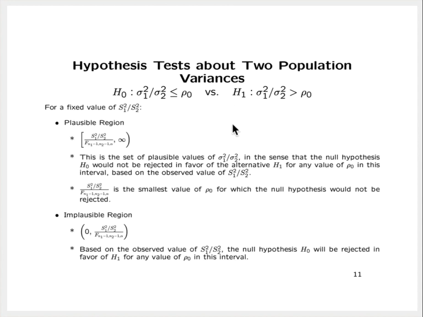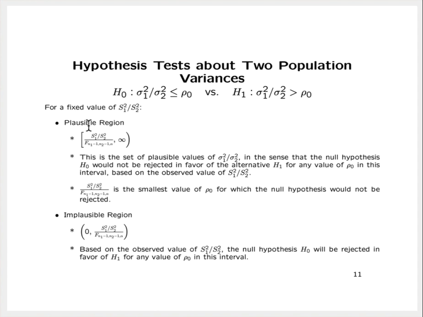And so we could also think in terms of plausible and implausible regions for the ratio of the population variances, and they would be defined in this way. The plausible region would be the interval with lower endpoint given by the ratio of the sample variances, S1 squared over S2 squared, divided by the upper alpha percentage point of the appropriate F distribution, and then going out to positive infinity.